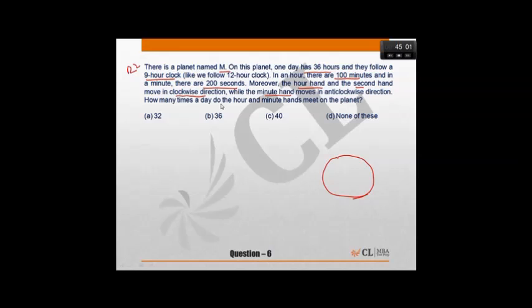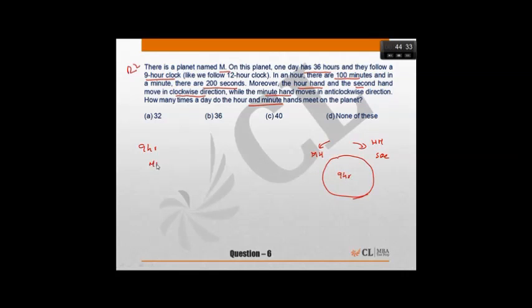How many times a day do the hour and minute hand meet each other? Hour hand and the second hand move in clockwise direction, and the minute hand moves in the opposite direction. How many times in a day? Okay, so it has 9 hours. It's a 9-hour clock.